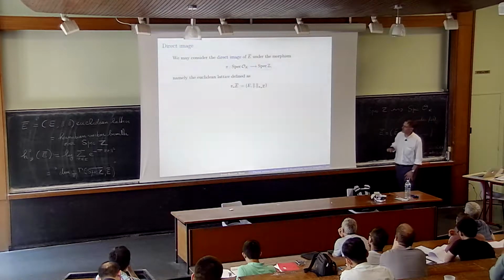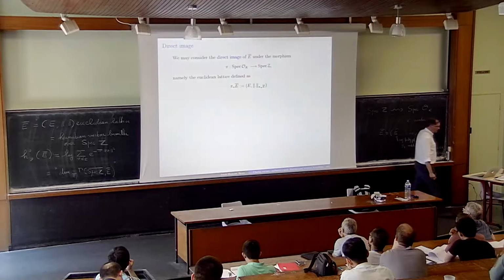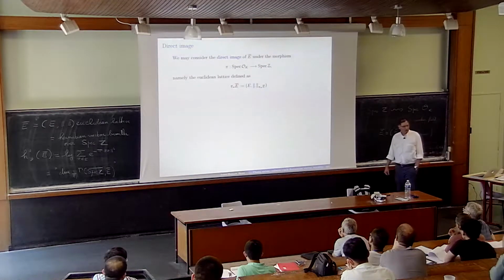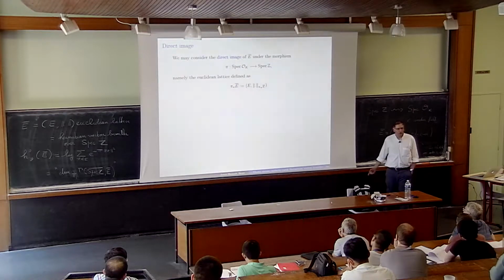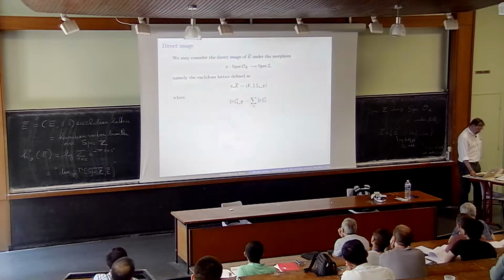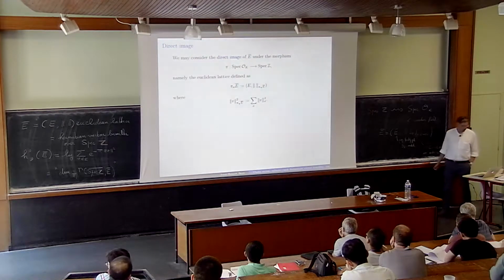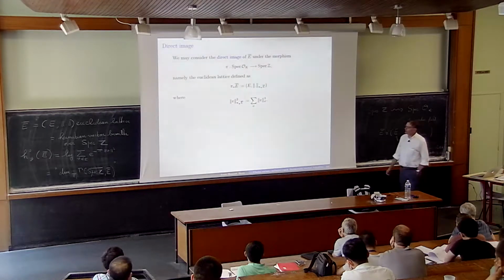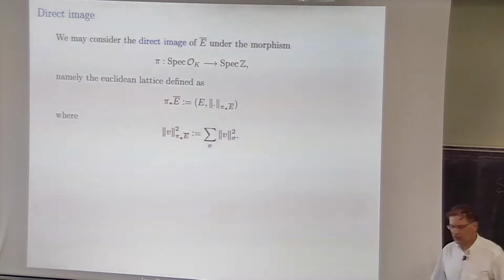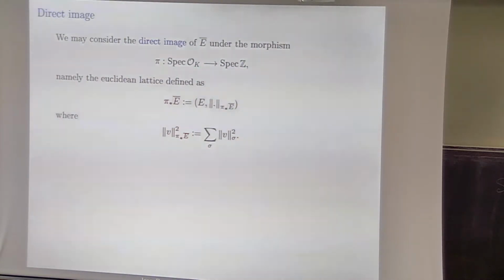The direct image will be some Euclidean lattice, some Hermitian vector bundle over spec Z. By the very definition, the Z-module underlying the direct image is the original module itself, but seen as a Z-module. One also has to define the Euclidean metric on the direct image, by taking the sum of the squares of the various metrics.